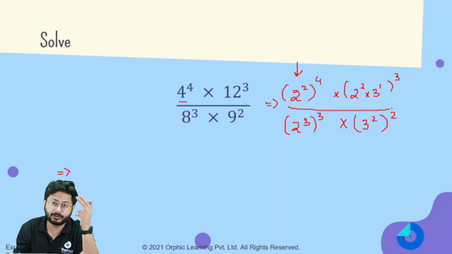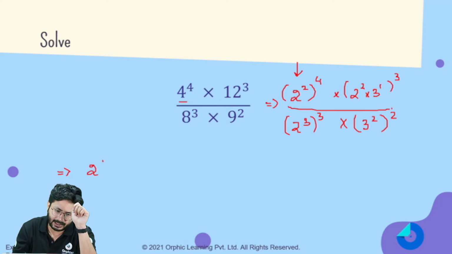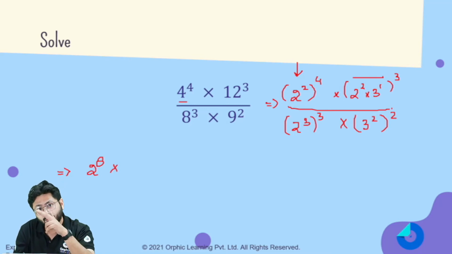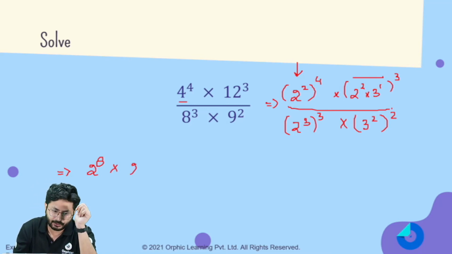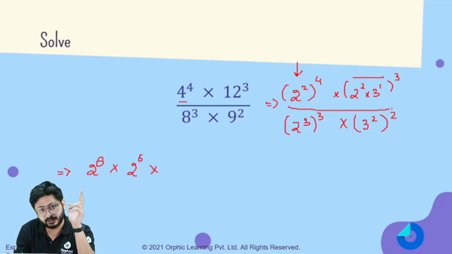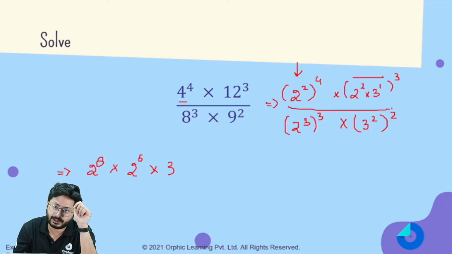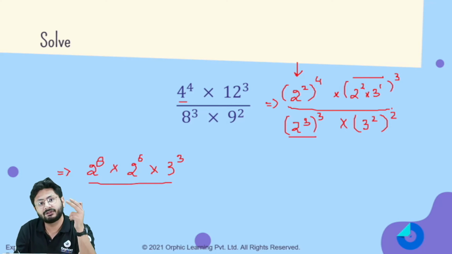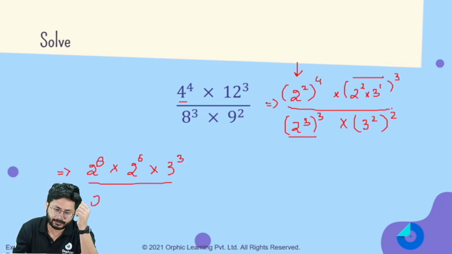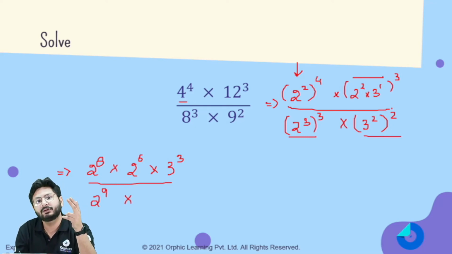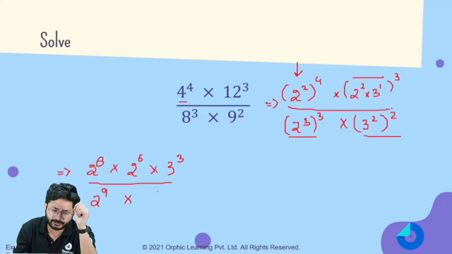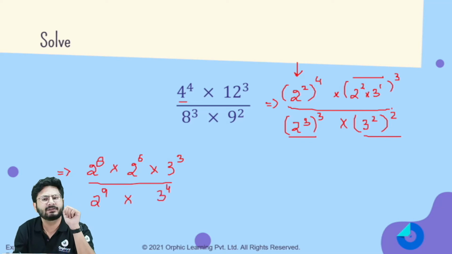It will become 2 to the power 2 into 4, that is 2 to the power 8, multiplied by 2 to the power 2 whole to the power 3, so it will become 2 to the power 2 into 3, that is 6, multiplied by 3 to the power 1 whole to the power 3, it will become 3 to the power 1 into 3, which is 3 itself, divided by 2 to the power 3 whole to the power 3, which will become 2 to the power 9, multiplied by 3 to the power 2 whole to the power 2. So 2 into 2 will become 4, so 3 to the power 4. Now it has become very simple.